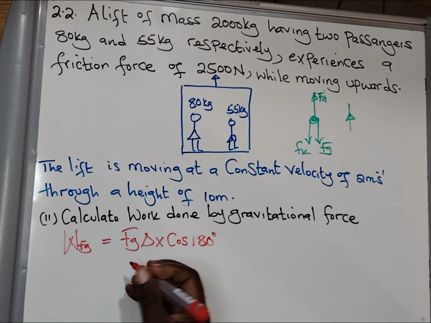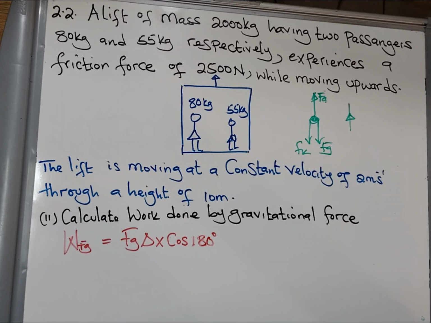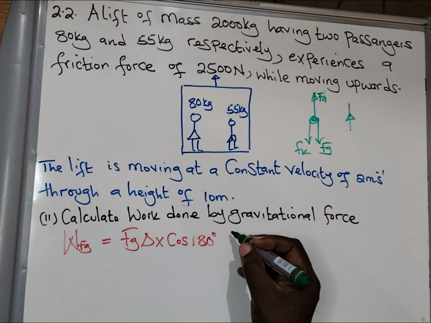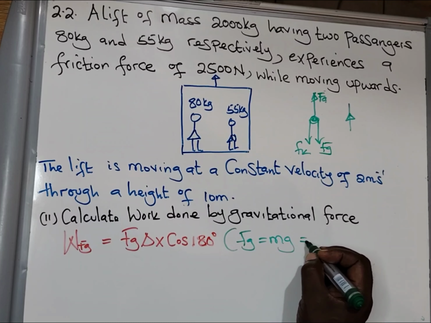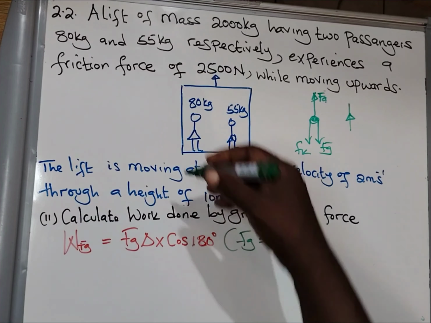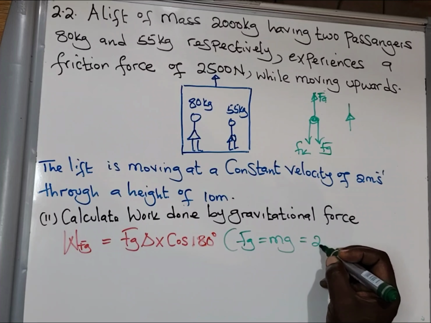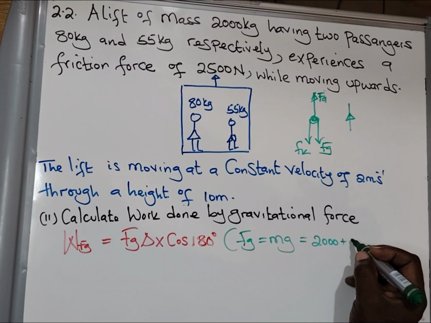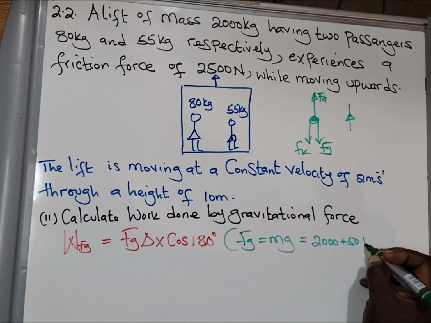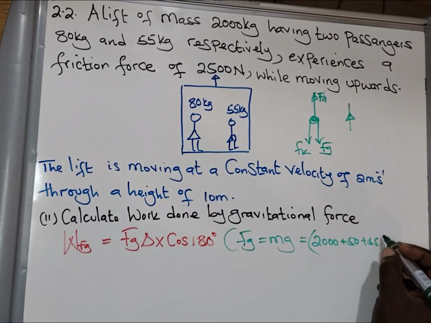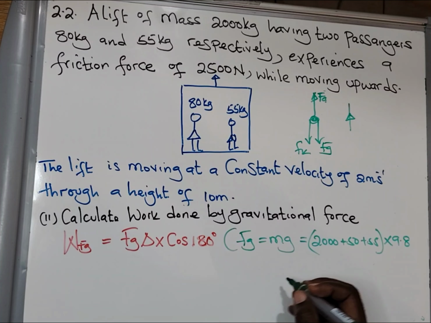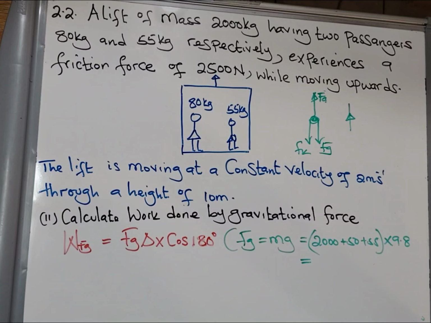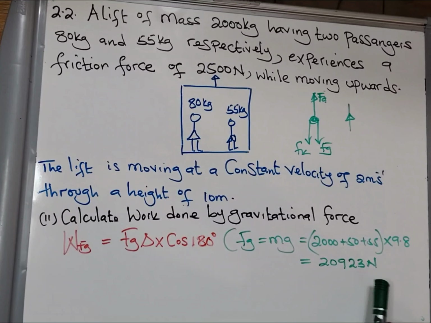What do we do here? We know that Fg is equal to mg. And what do we know about our mass? It must be the total mass, which is 2,000 for the lift, plus 80, plus 55, that being the m, times 9.8. So we have our gravitational force.